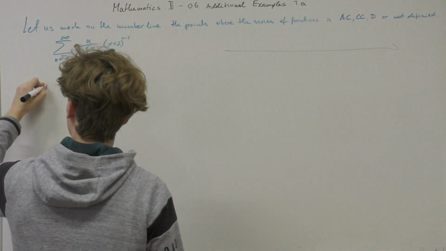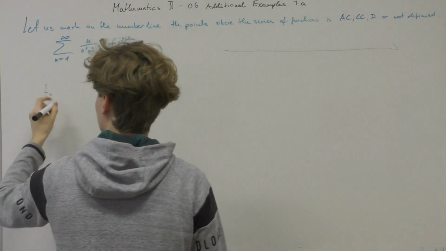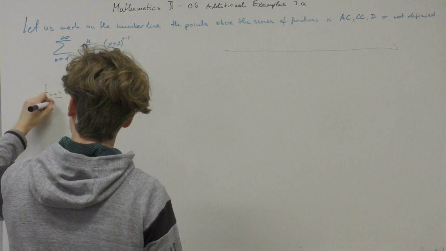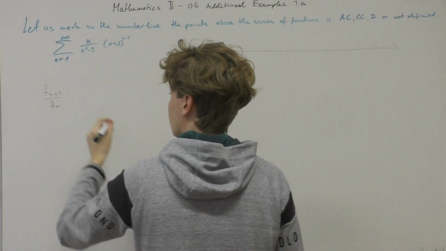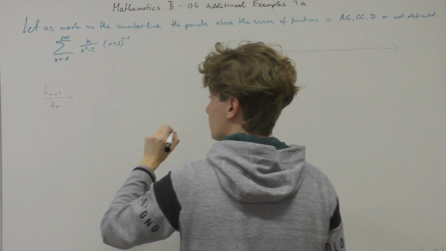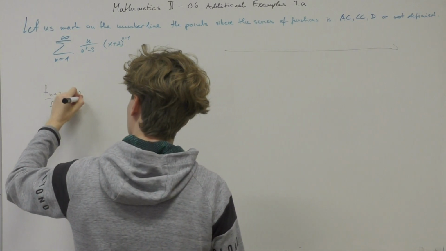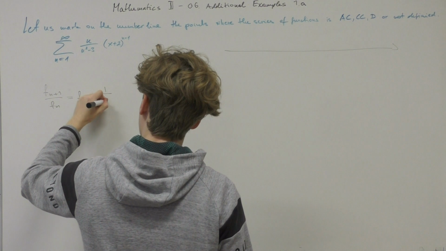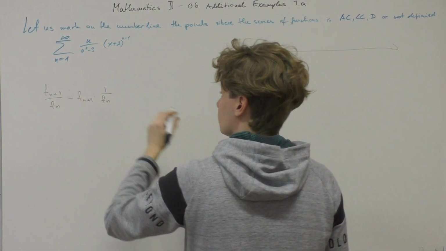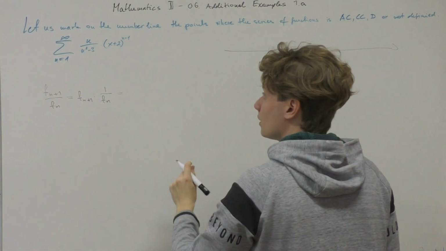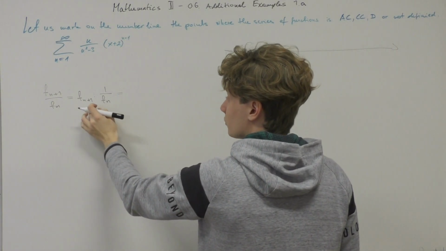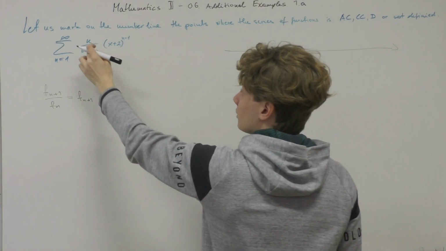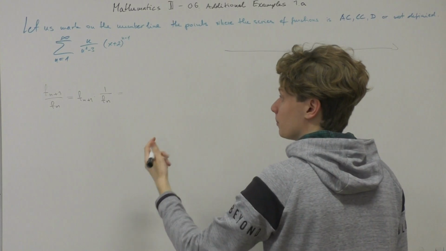So let's calculate this fraction. We have f_{n+1} over f_n. And to make our lives easier, we can rewrite this as f_{n+1} times 1 over f_n. And let's calculate this. So f_{n+1} means that here, instead of n, we have to write n plus 1.